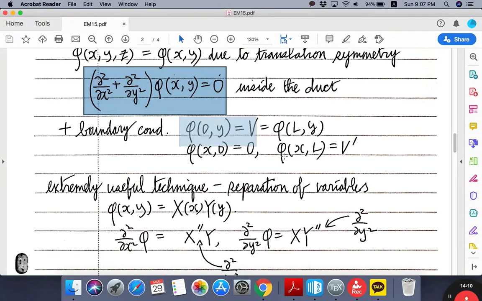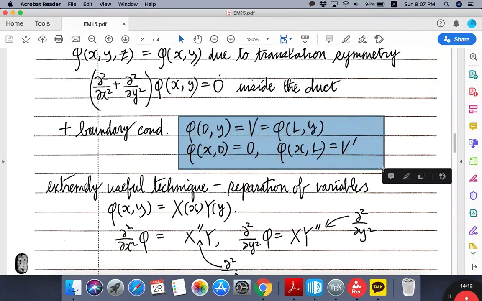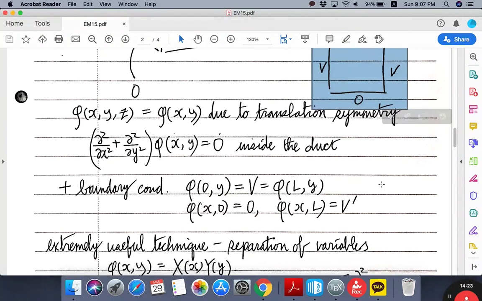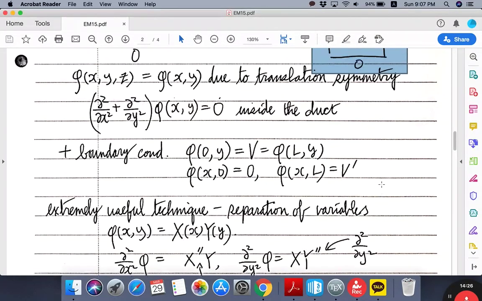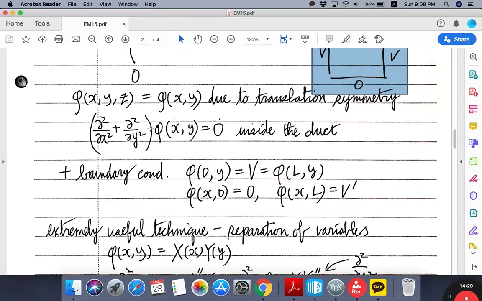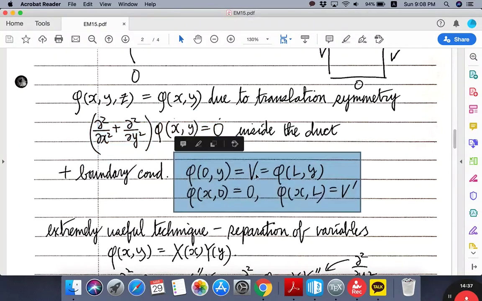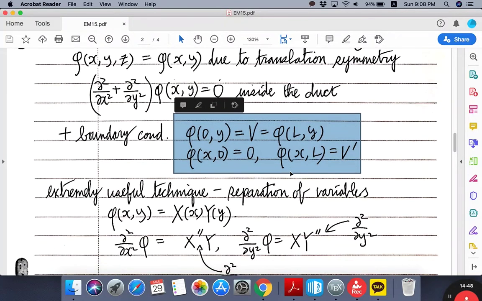And plus, there are these boundary conditions that have to be met. These are just mathematical expressions for the boundary conditions I have laid out over here in terms of a picture. Okay, so both the equation to be solved and the boundary conditions to be met seem pretty innocuous or relatively harmless, but we still don't really know how to go about solving such a problem.